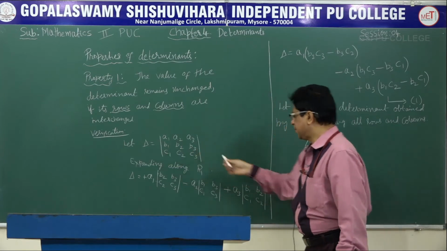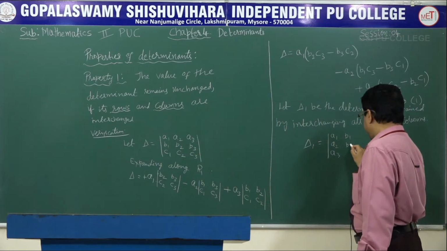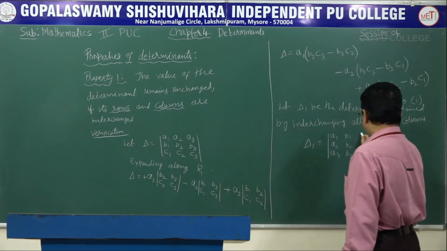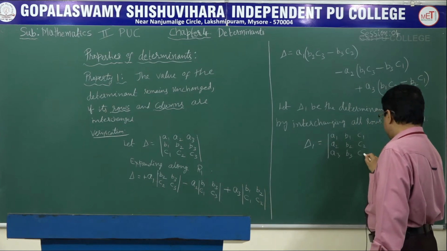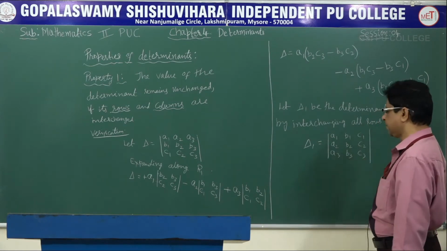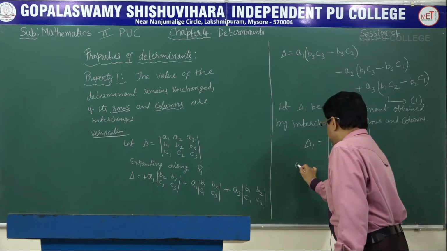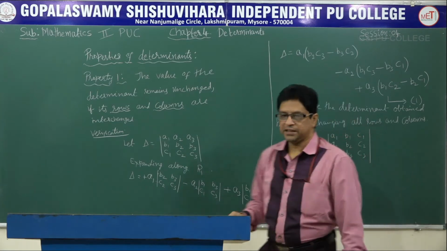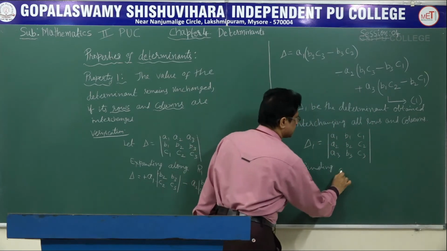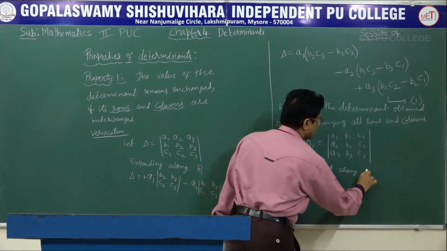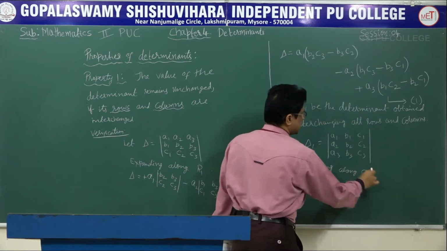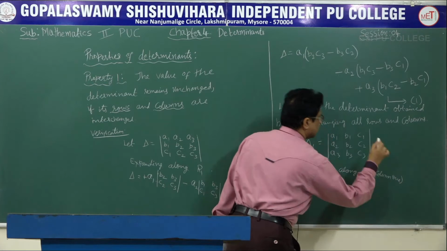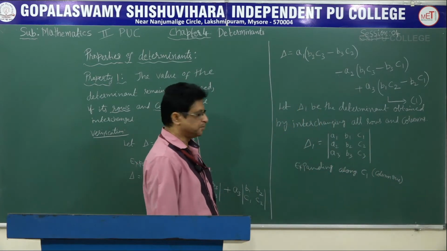The second row we write it as second column B1, B2, B3, and the third row here we write as third column C1, C2, C3. Here we are expanding along C1. C1 means column 1. Expanding along column 1 or first column.